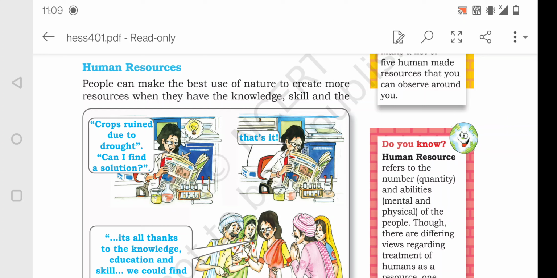And they are very important, because any substance in nature can only become a resource when a human being understands its value and utility. So it's very important to understand that human resource is the most important resource.